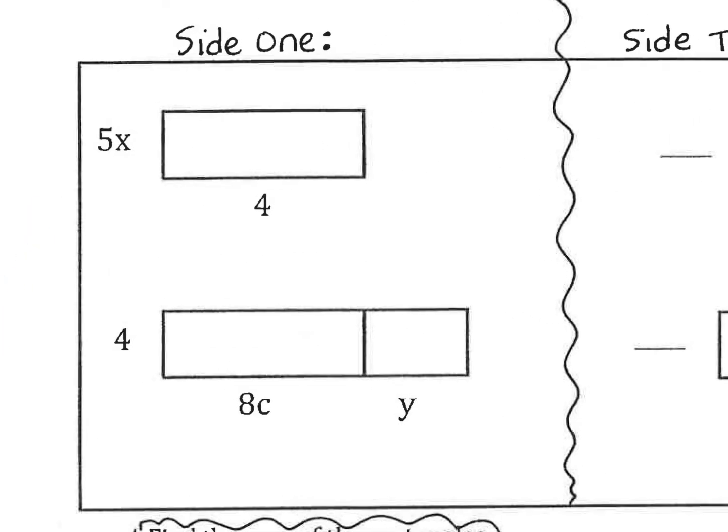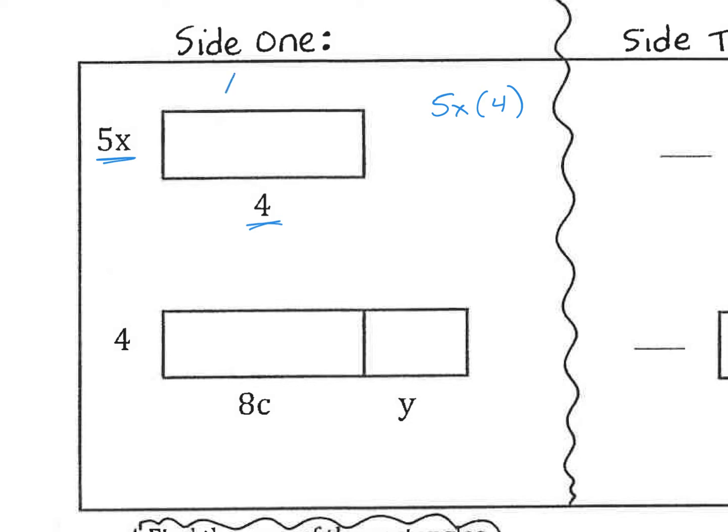So looking at the examples at the top, we have a rectangle with a side length of 4 and a height of 5x. If I was thinking about what this looks like in terms of the distributive property, I would essentially be doing 5x times 4. The great thing about the area model is that it allows us to use what we know about a rectangle's area to distribute.